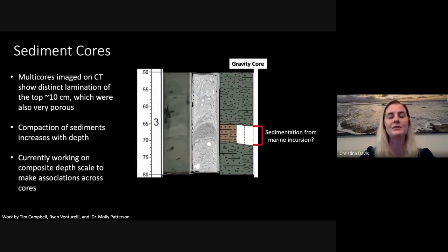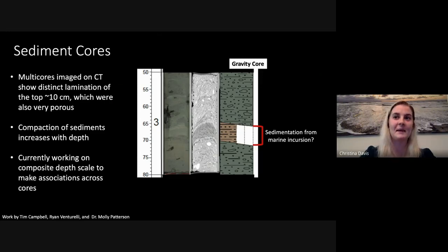And we were able to get a gravity core about 2 meters in length, and it pretty much looks the same as the lower diamict compacted region, but we did see a strange sedimentation band about 65 centimeters down in it.